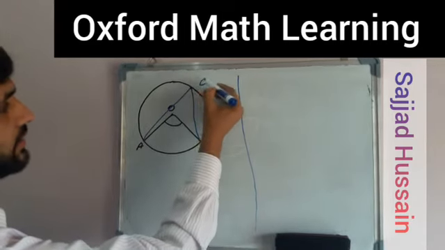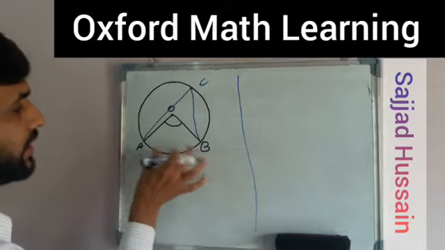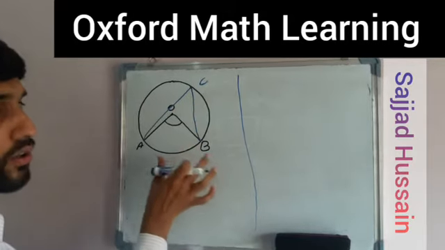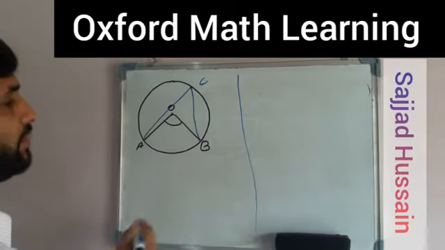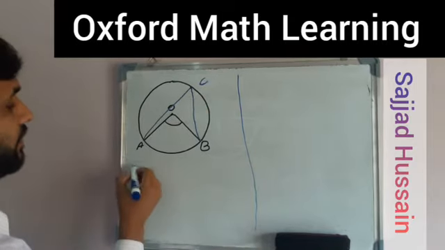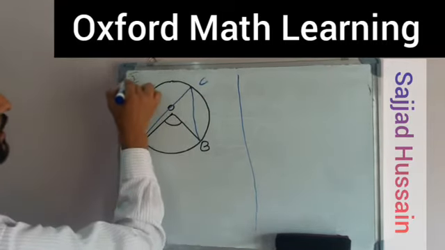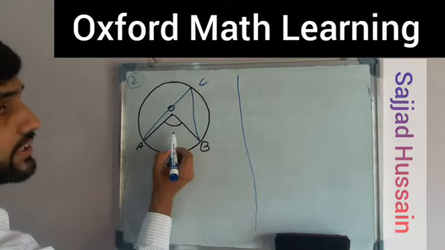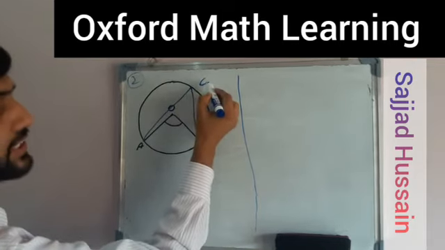A point C has the same arc as the center O, where the arc is AB. Then it means, the second property, that the angle at the center will be double the angle at the circumference.